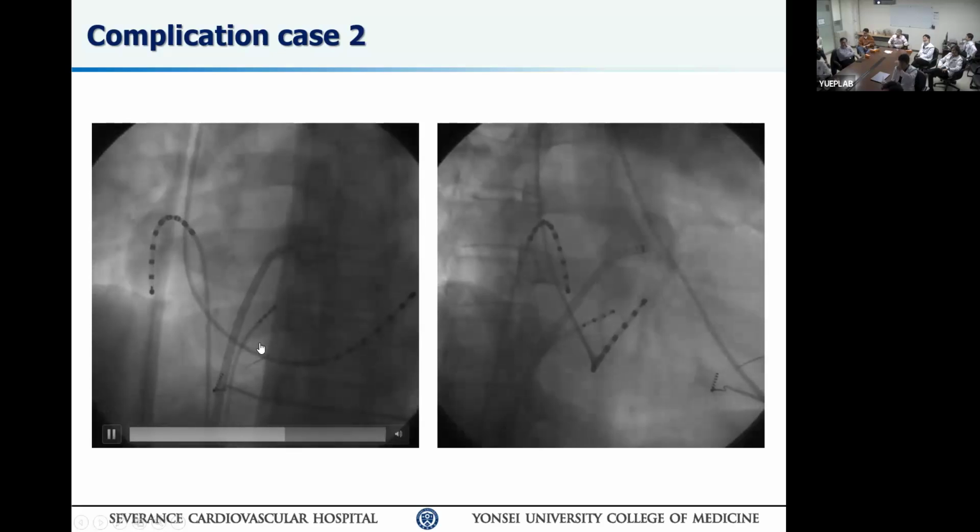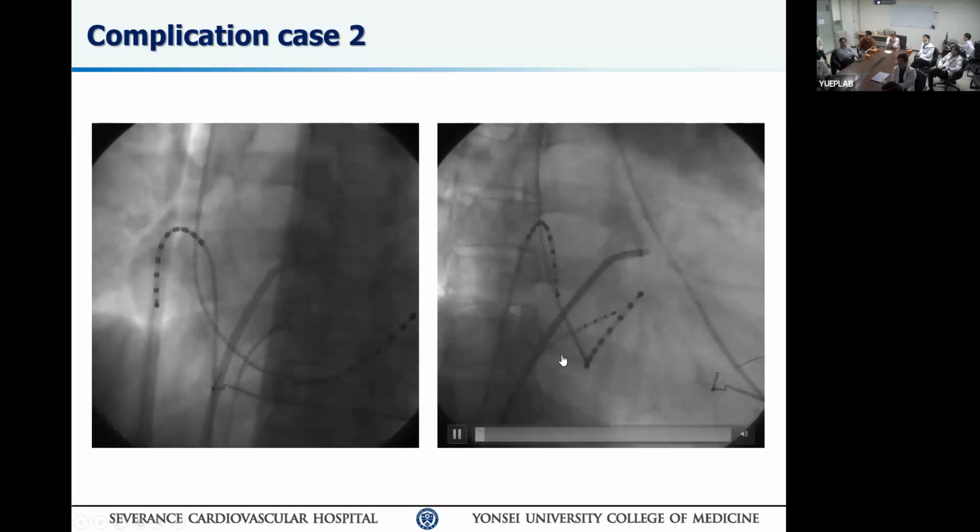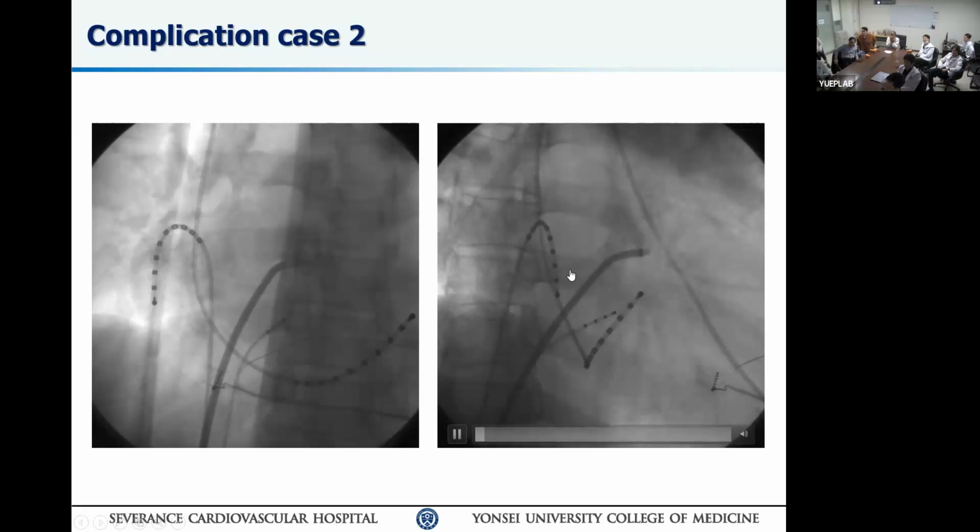This is a transseptal puncture at the aorta. As I told you before, one anatomical landmark is the His catheter. The His catheter represents the aorta. So if you aim for too anterior a puncture, aortic puncture is possible.